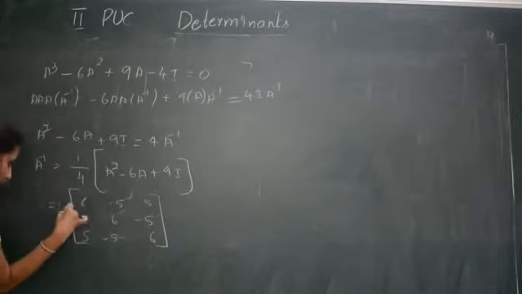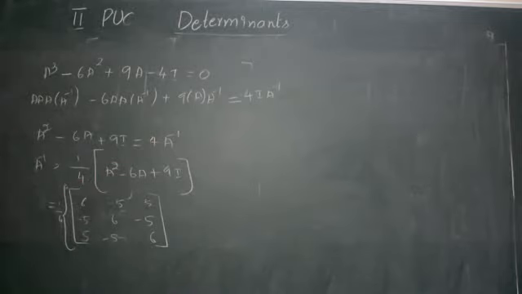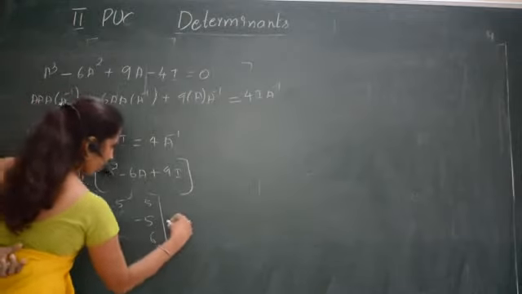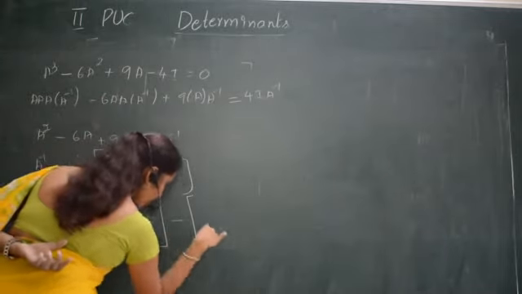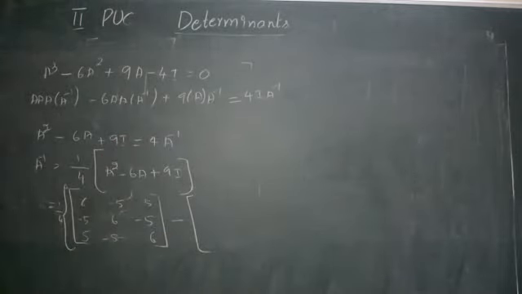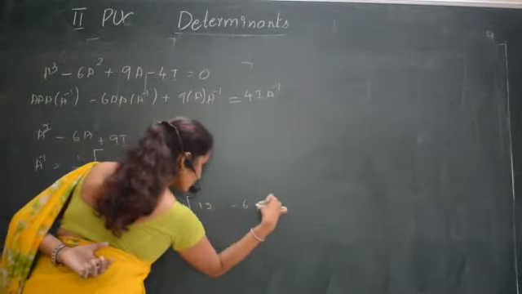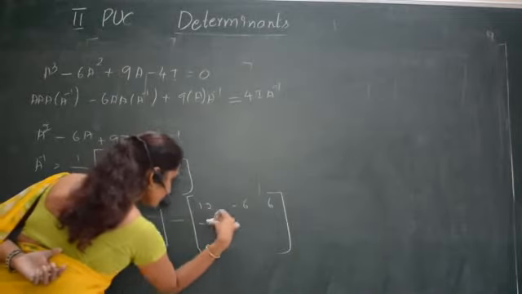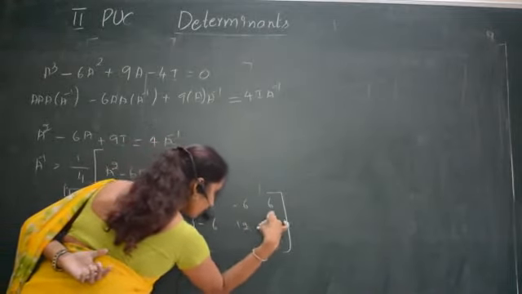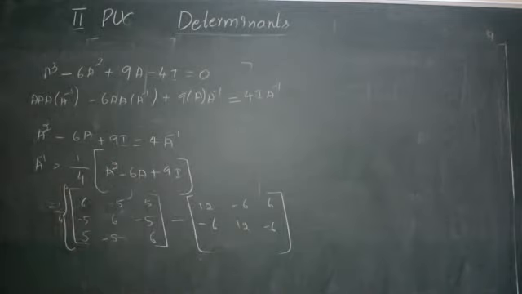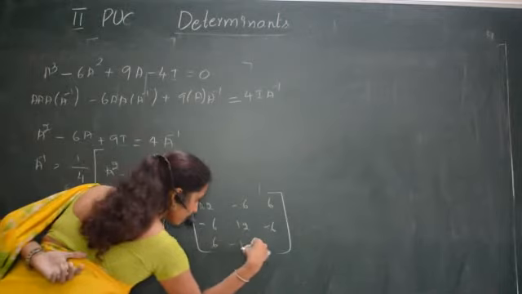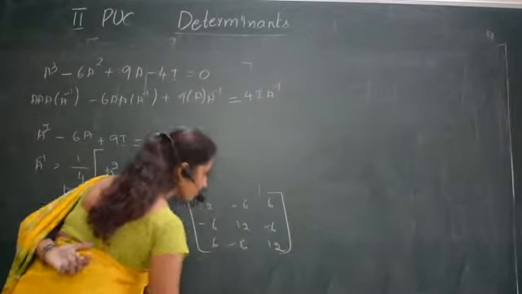This will be 1 by 4 into A square, then minus 6 into A. We have to calculate what is 6 into A. 6 into A will be 12 minus 6, 6; 12 minus 6, minus 6; 12 minus 6, then 6 minus 6, 12.